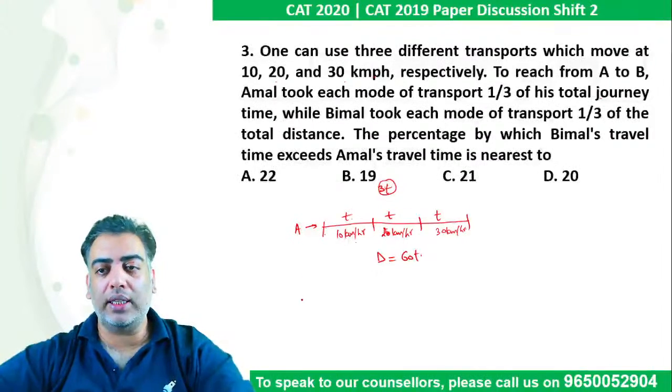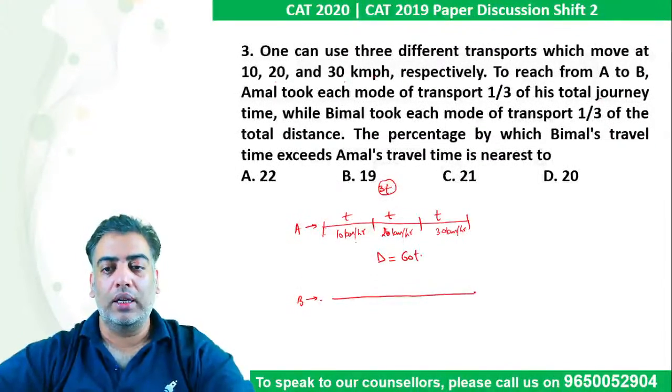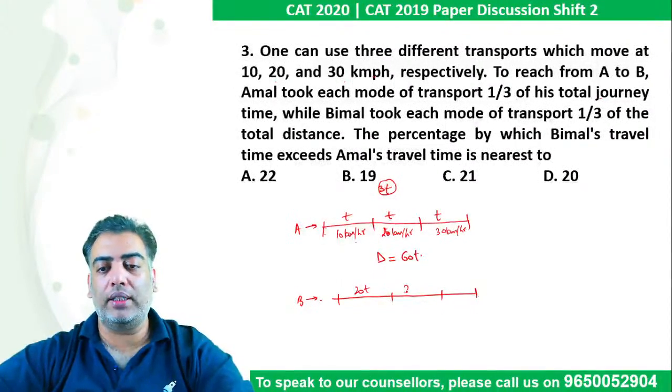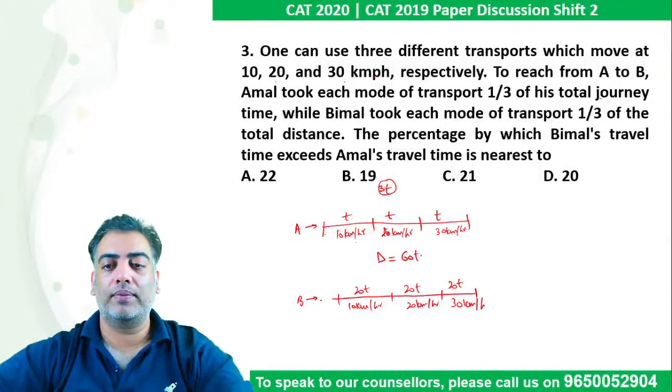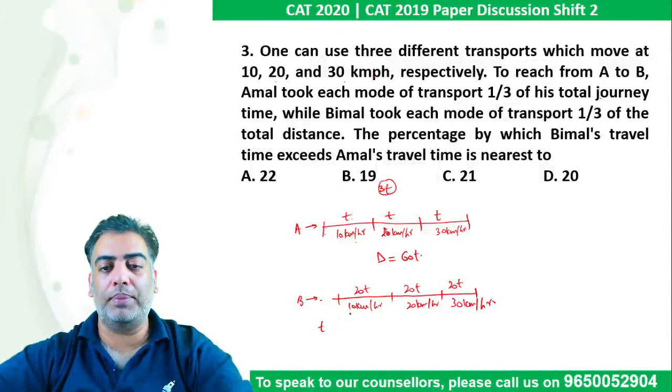Now B took each mode of transport for 1/3 of the total distance. Now B traveled 20t, 20t and 20t of distance at the speed of 10 km per hour, 20 km per hour and 30 km per hour. Now in this case we can find the time taken by B to cover each stretch. Time is distance upon speed.